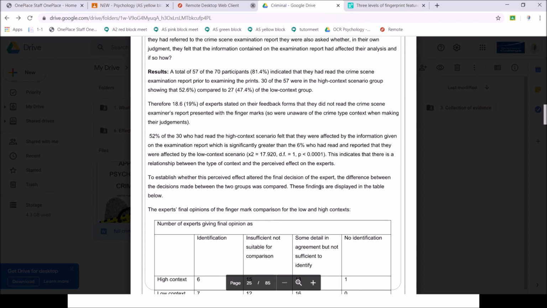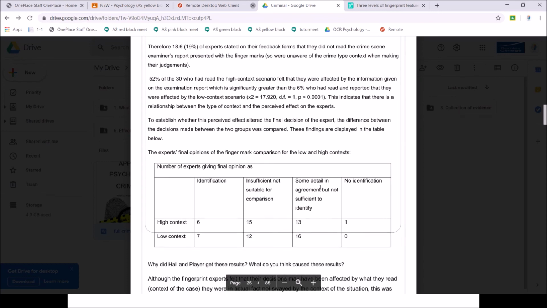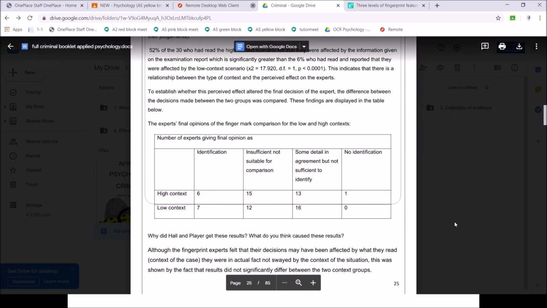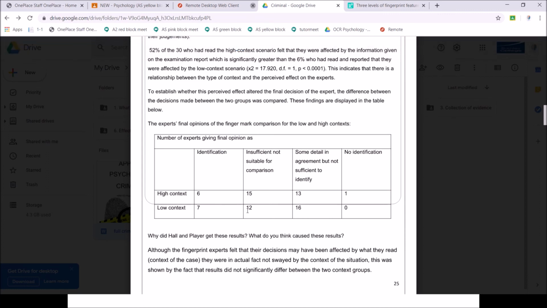Now, if you look at the actual results in terms of how they categorised those fingerprints, what you can see from this data here is that even if they were given the high context, so the serious crime, the final analysis was not actually affected.